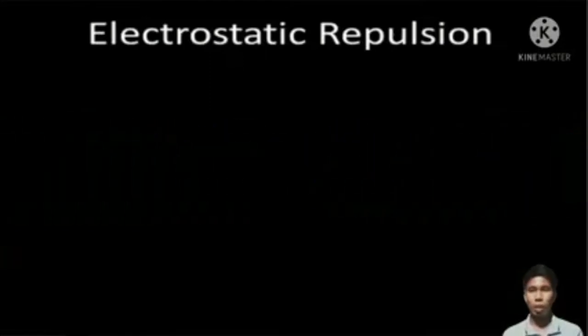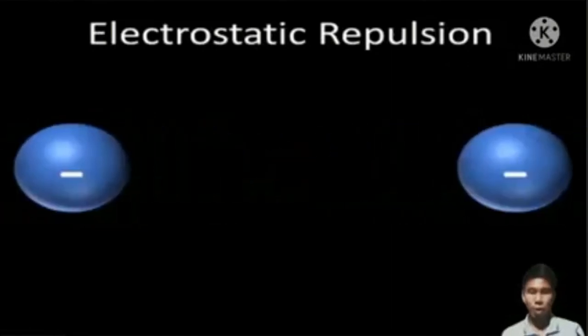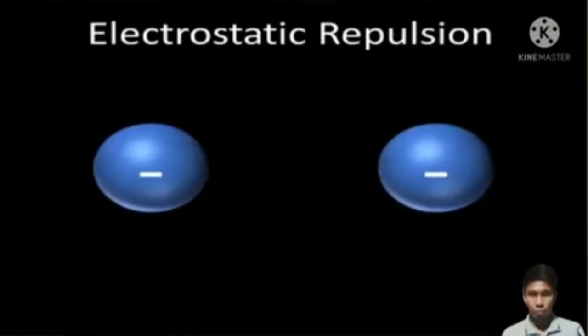So this is an example of electrostatic repulsion: the negative and negative ions. Next is the example of positively and positively charged ions. They will not attract, hence they just move away from each other.